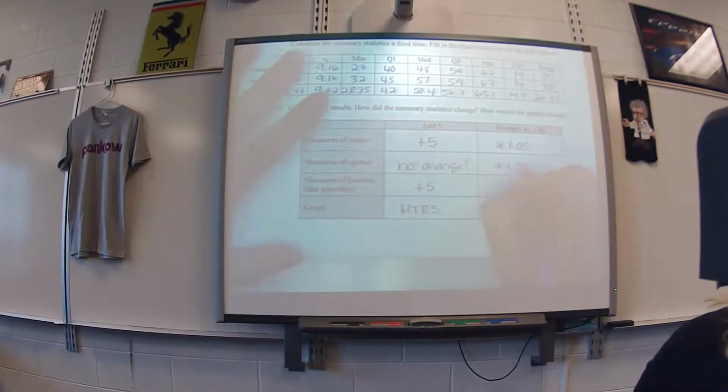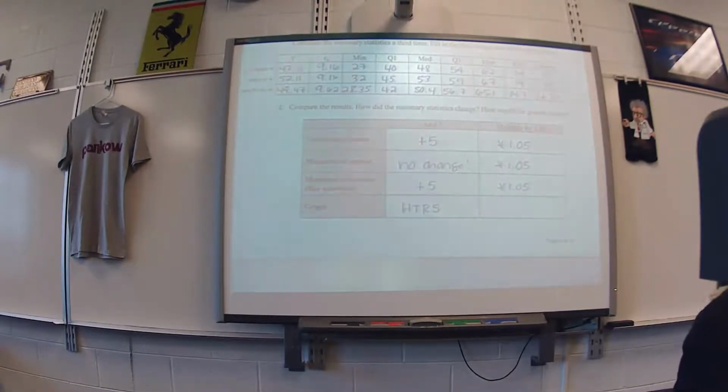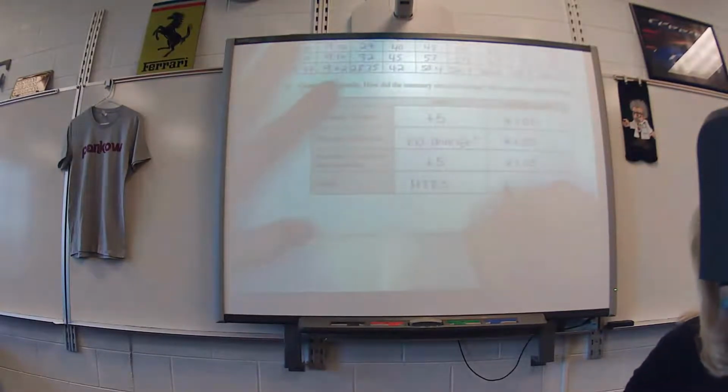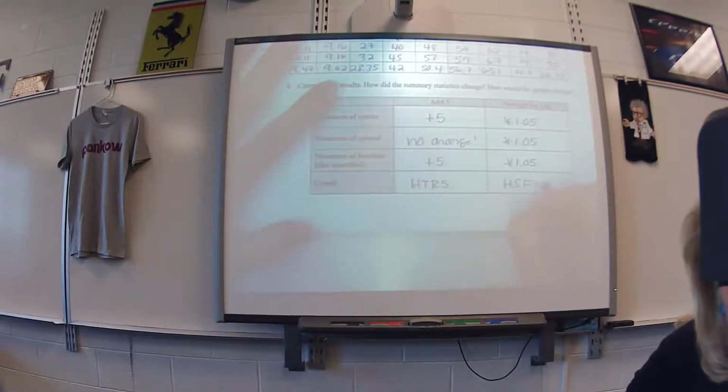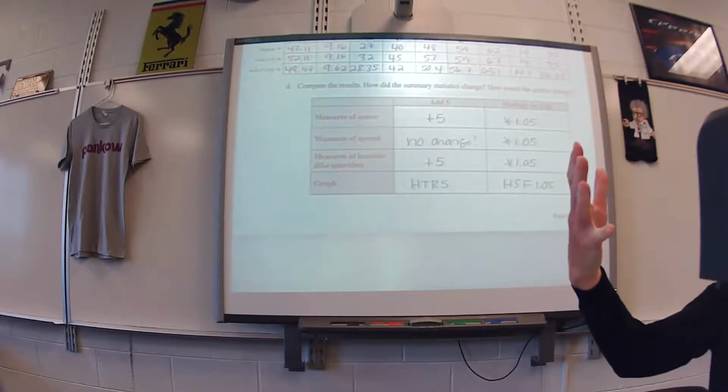Everything got multiplied by that 1.05. The measures of center, the measures of spread, the measures of location. Because when you multiply by a 1.05 back in algebra, that would have been a horizontal stretch by a factor of 1.05. So everything got expanded by that amount.